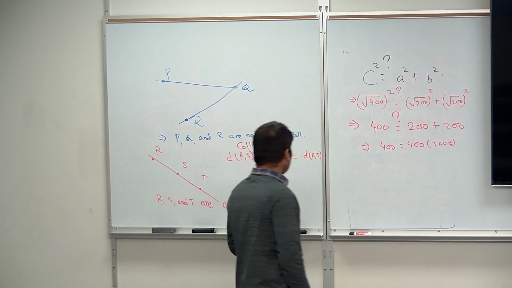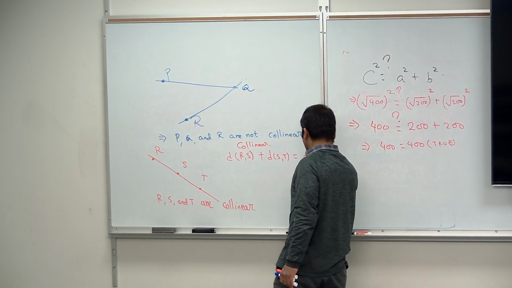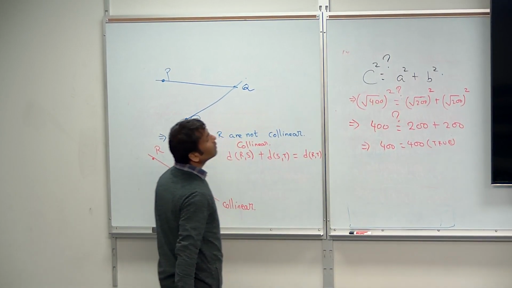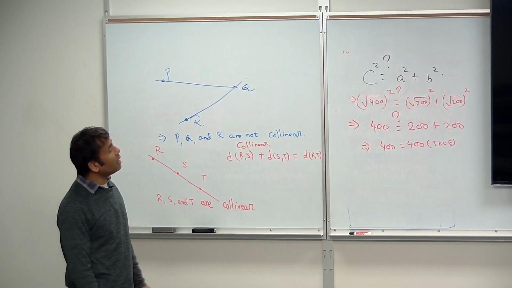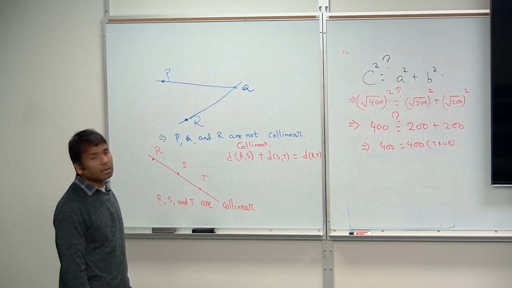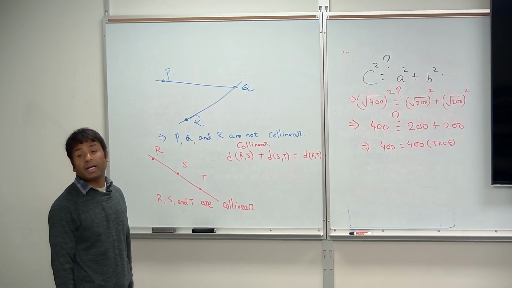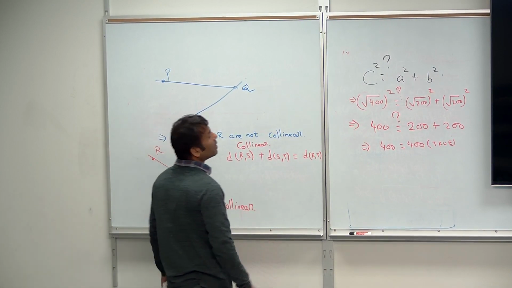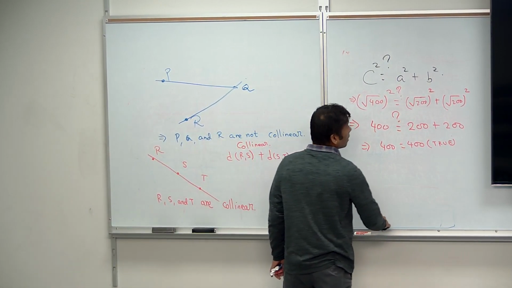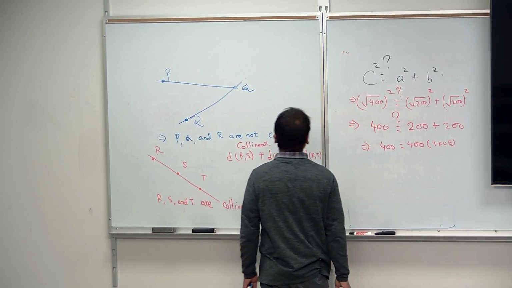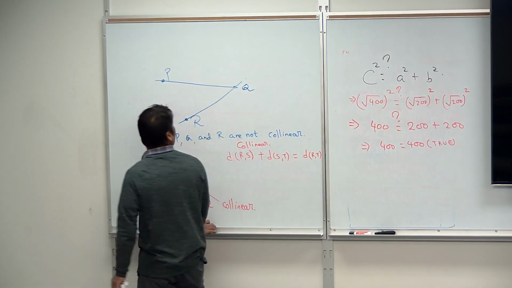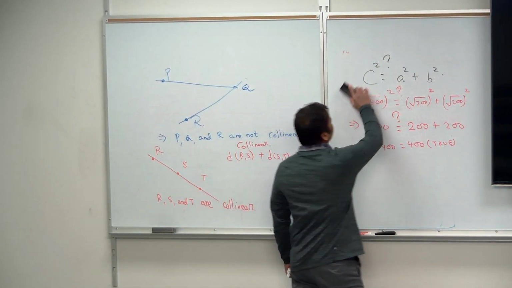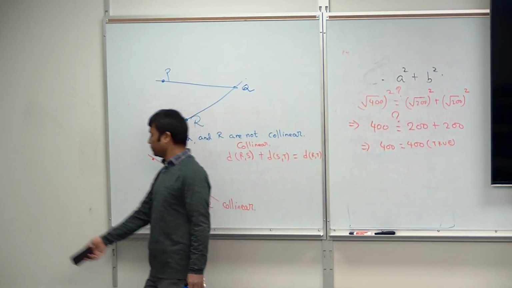Good. So now, determine whether the points P, Q, and R are collinear. It's just like find the distance between PQ, find the distance between QR, and find the distance between PR, okay?